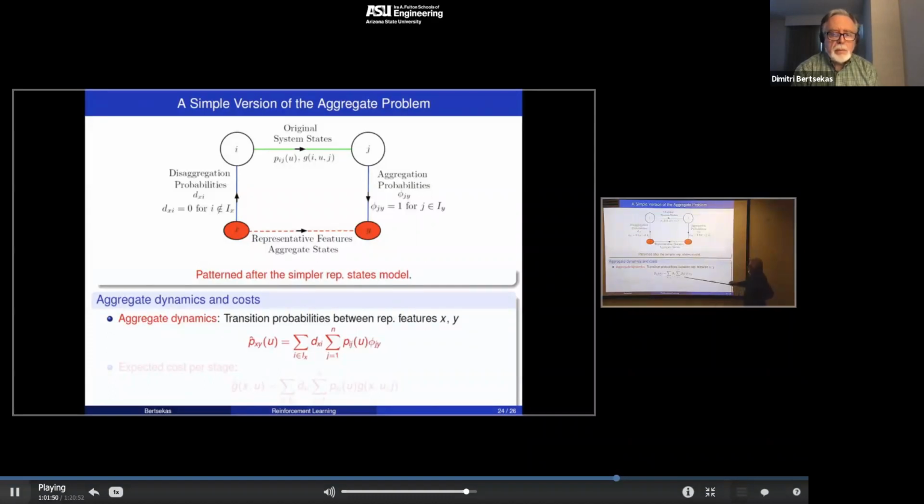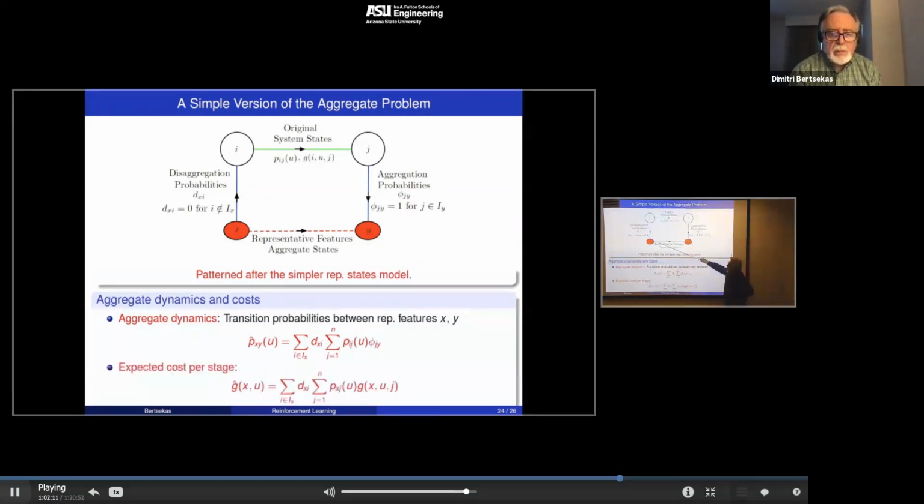This is just the multiplication rule of probabilities. To go from x to y, I have to go to one of the states i with these probabilities here, and then go across with these transition probabilities, and then go down with these other probabilities, and this is what you get.